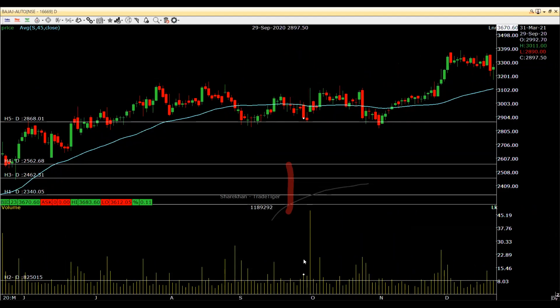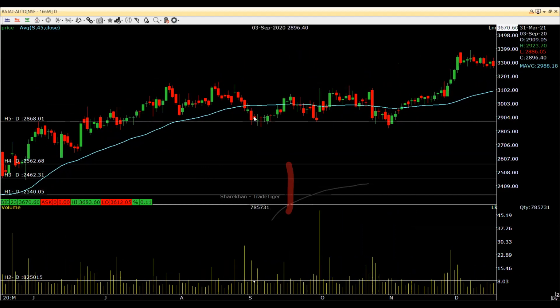If the buying is huge like this, that means the level which was safe to buy, which is here, has now shifted a little above. Now this level is also safe to buy, from here to here. This kind of level is again safe to buy.